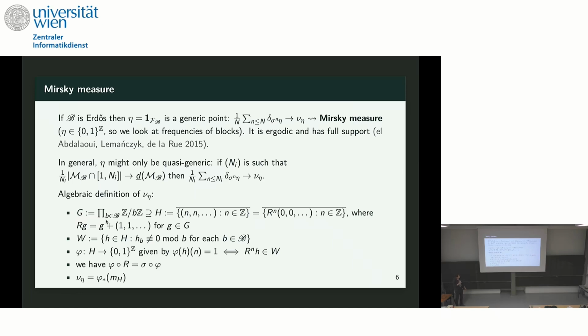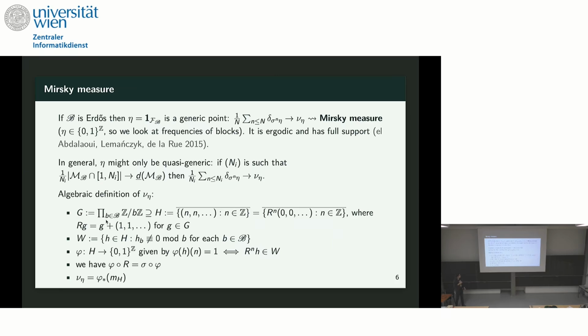Okay, I need one more thing. I need a coding function. So this is the function from H to {0, 1}^Z. And what it is doing, it is coding orbits of points under this rotation with respect to my window. So I'm taking my point in H, I'm checking if it's in the window or not. I'm putting either 1 or 0. Then I rotate, I check again. And this is how the image of phi arises.